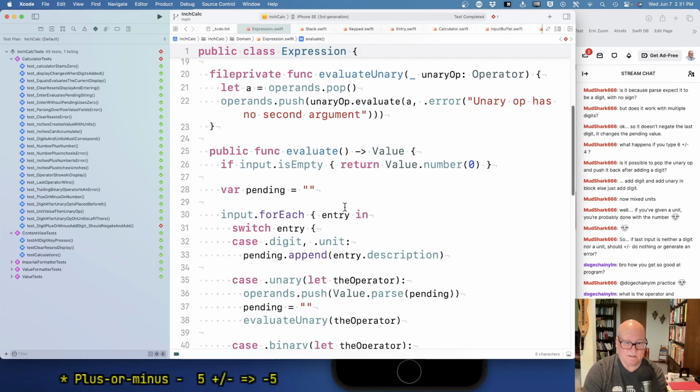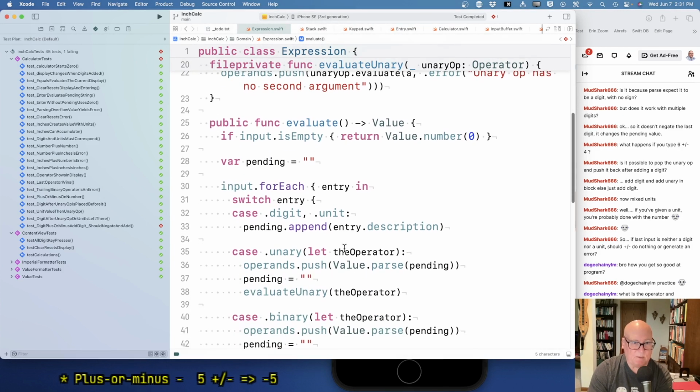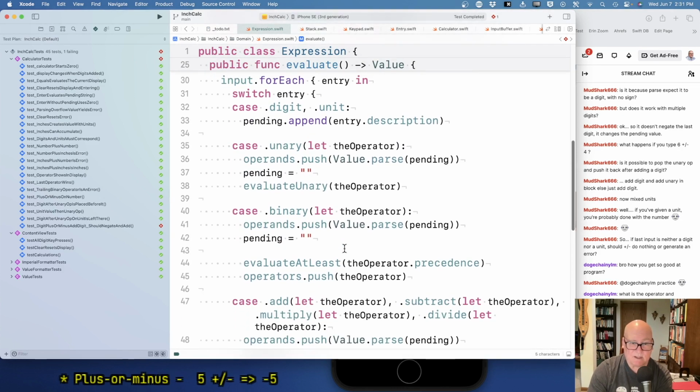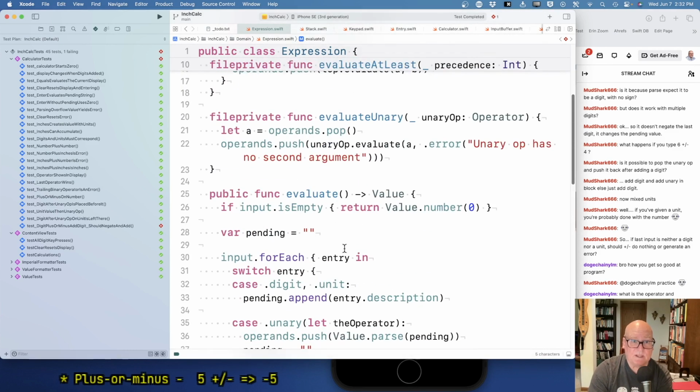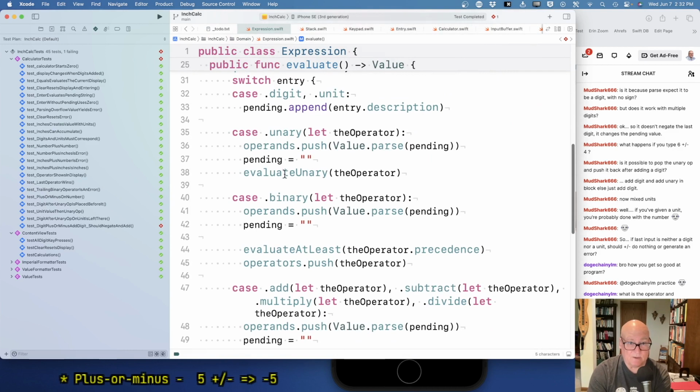That's kind of redundant, isn't it? We pop it off the stack and evaluate it and push it back on the stack. So that should be -6 at this point. And then the operand stack should be -6. The operator stack should be empty. We never put it on the stack because it's a unary.